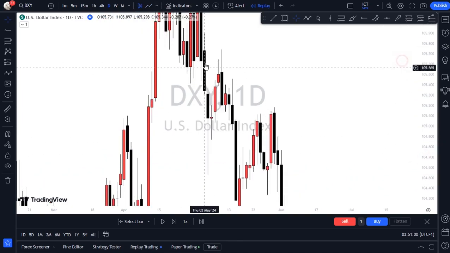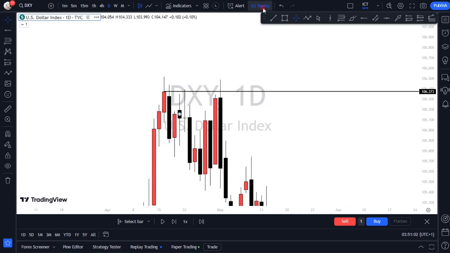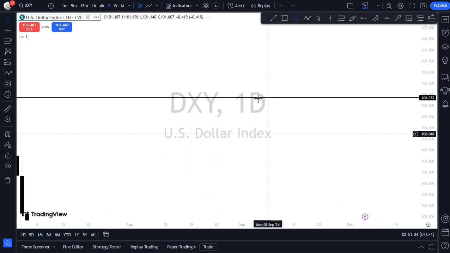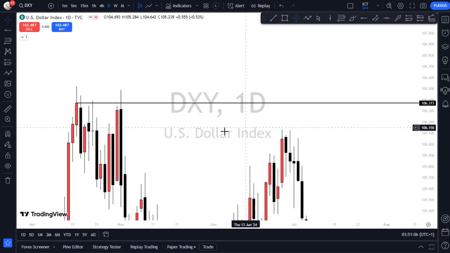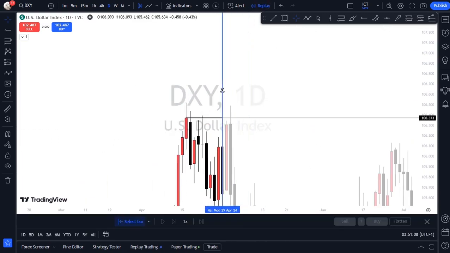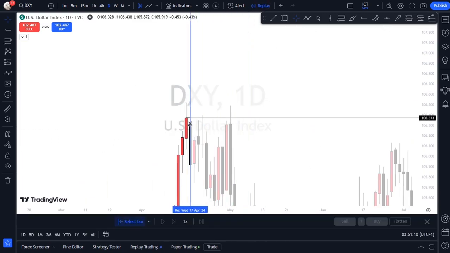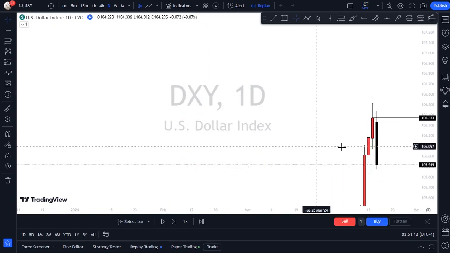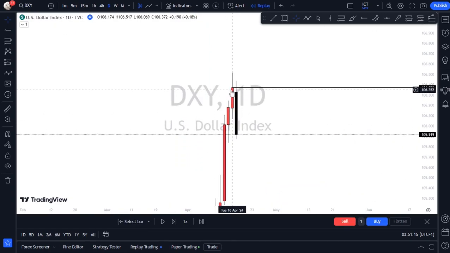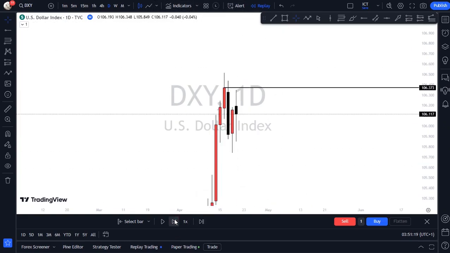You can see that even from the first place here, if I put my replay, you find out that right now this level is fresh at this point in time, but when you see price play further, it is still fresh because it's yet to have a touch on that level.